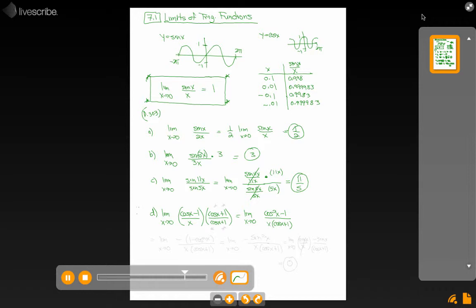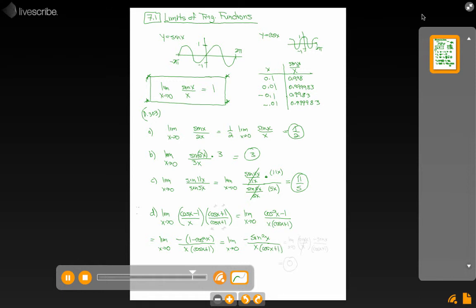The denominator doesn't look any better, but the numerator, if you recall, if I factor out a negative, might look even more familiar to you: negative 1 minus cos squared x over x times cos x plus 1. That gives me negative sine squared x over x times cos x plus 1.